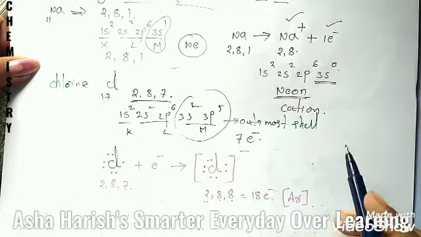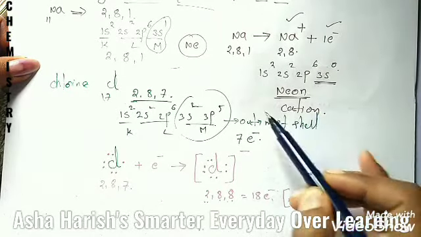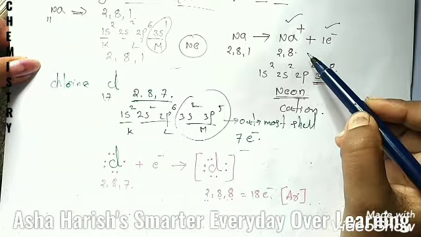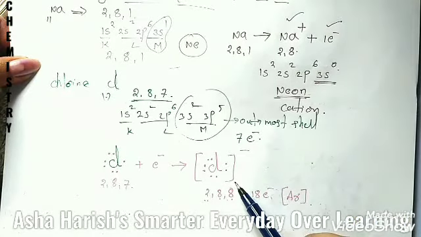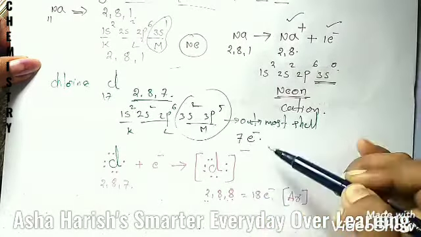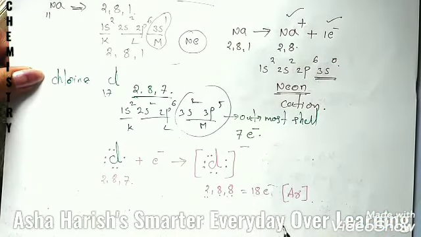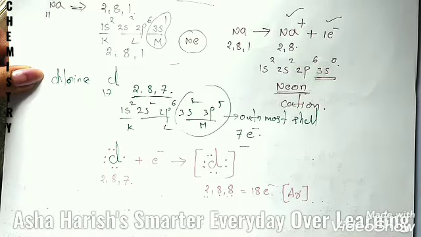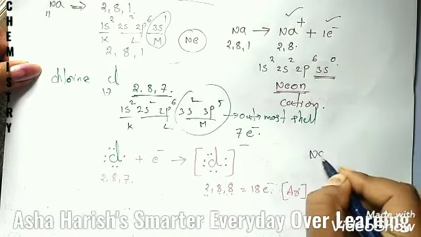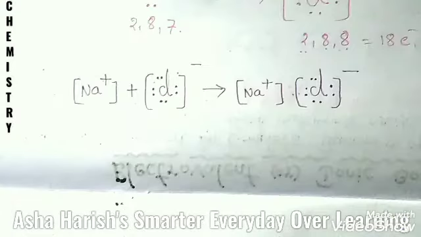Now we have two species. One is the positively charged sodium ion and another one is the negatively charged chloride ion. As they approach each other, they are held together by strong electrostatic forces of attraction. Thus the formation of sodium chloride takes place, that is NaCl.